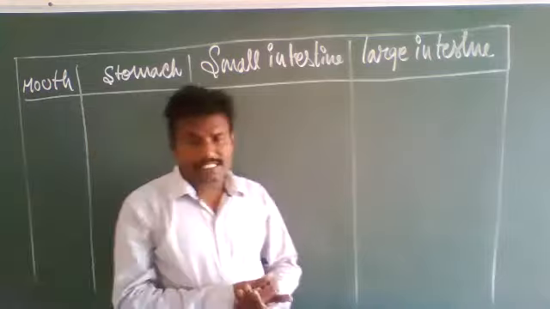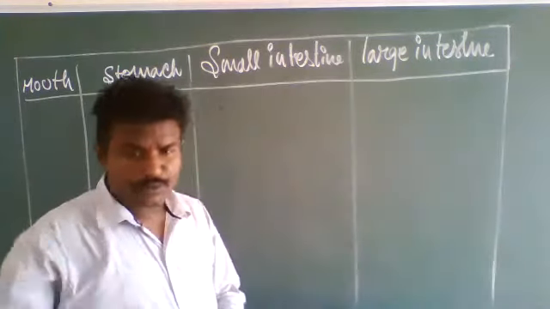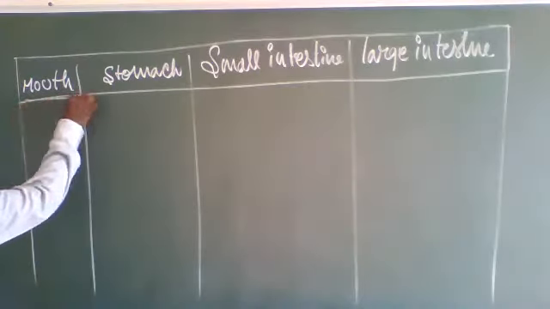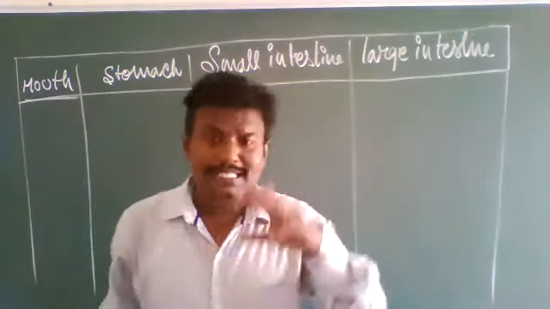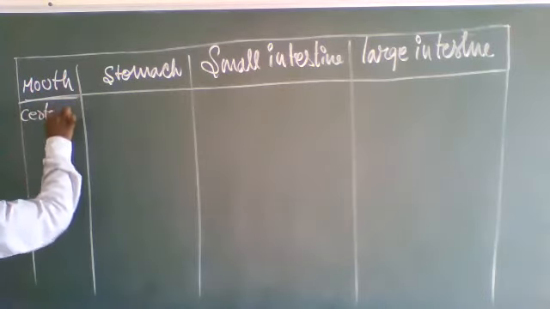Absorption of some substances occurs in various parts of the digestive system. In the mouth, what substances are absorbed? Certain drugs.